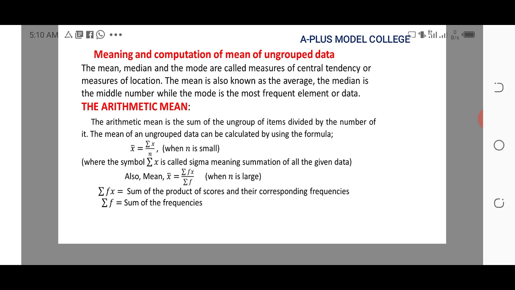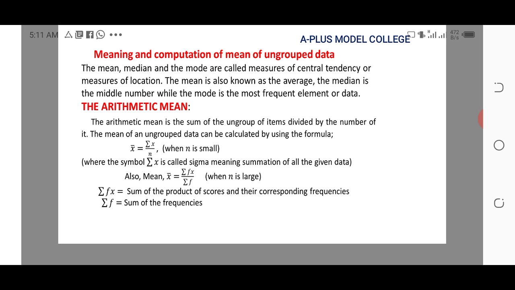Second one, which is the median. I call the median the middleman, the middle number. The median is the middle number after you must have arranged any set of data given to you in either ascending or descending order.